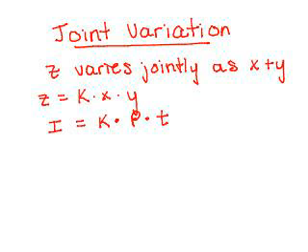So let me read that again. It says the simple interest for a certain savings account is jointly proportional to the time and the principal. So interest varies directly, but with 2 of them, the time and the principal. So you'd set up an equation like that. And then if they give you numbers to plug in, you can solve for the constant.